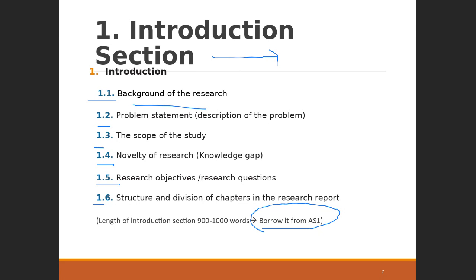In the scope of the study section, you need to focus on three important elements. The first important part of the scope of the study is the significance of your research.